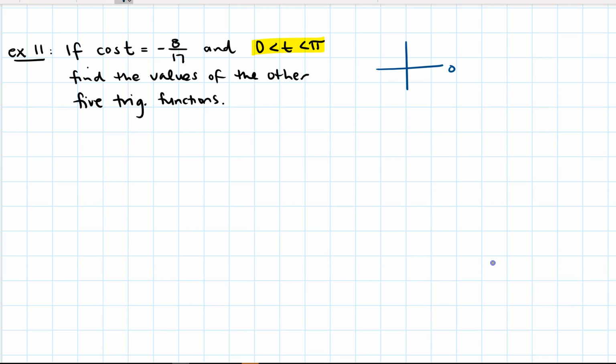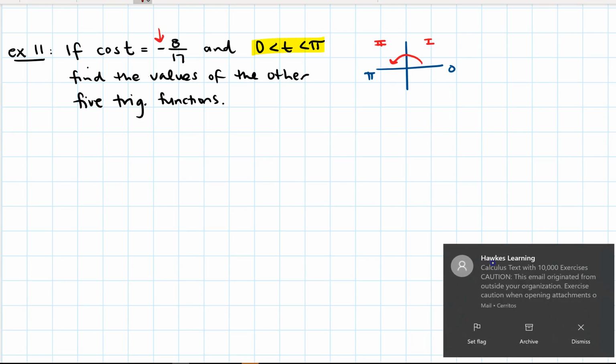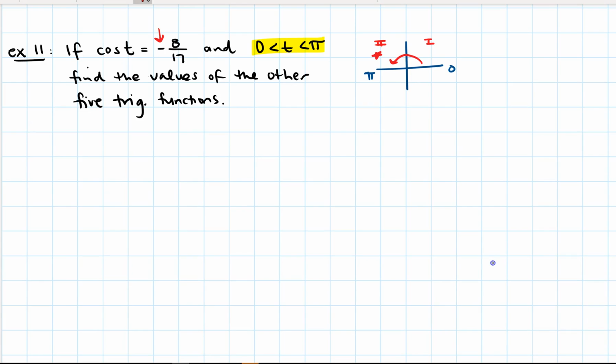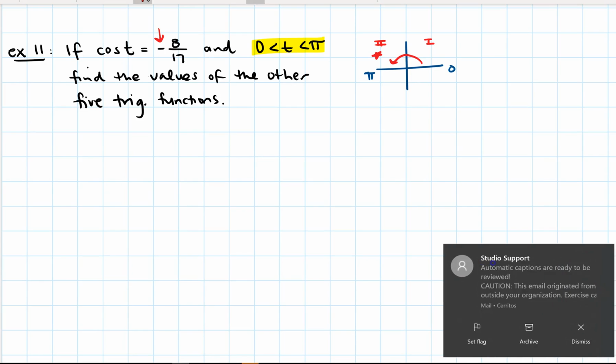It's in between 0 and pi, and that leaves us with being located in quadrant 1 and quadrant 2. And the fact that we have a negative cosine means we're actually in quadrant 2. If it was a positive cosine, we would definitely be in quadrant 1. So right away, we know the location of our angle t.